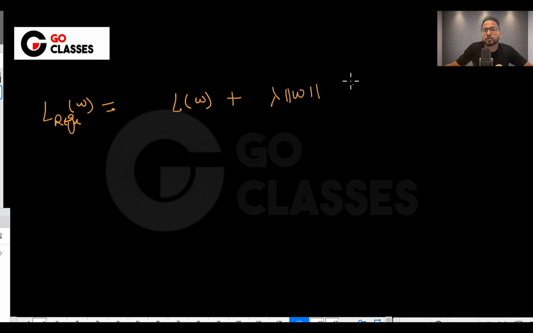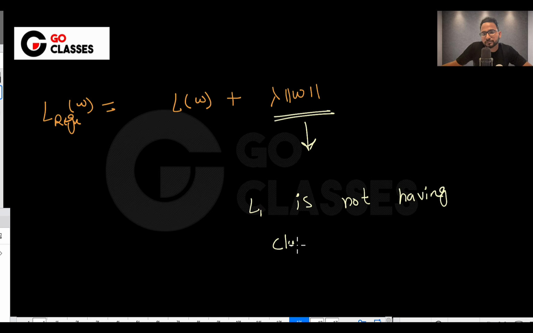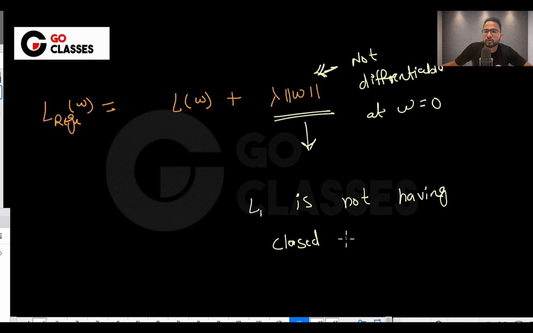You generally cannot differentiate with respect to W. That is why L1 does not have a closed form solution. This is a mod of W, and it is not differentiable at W equal to 0. So L1 does not have a closed form solution.